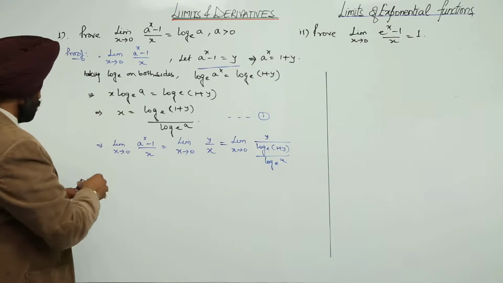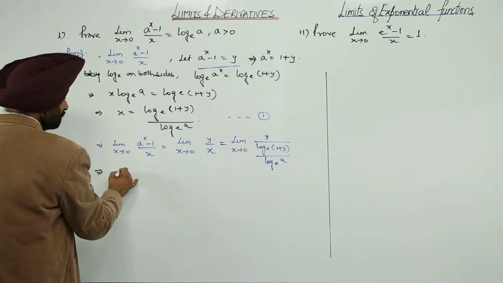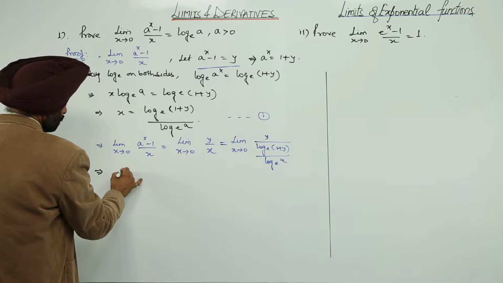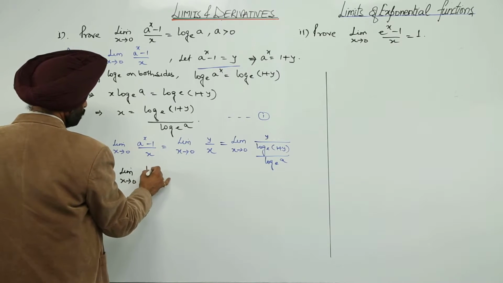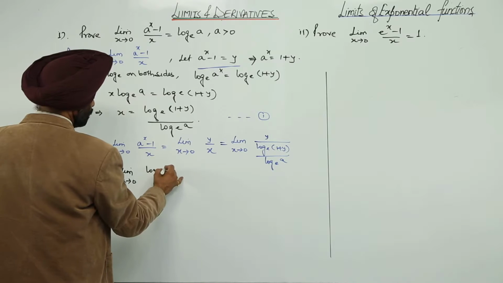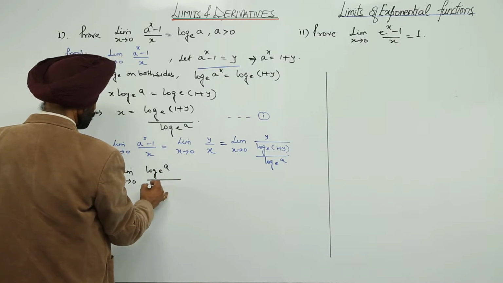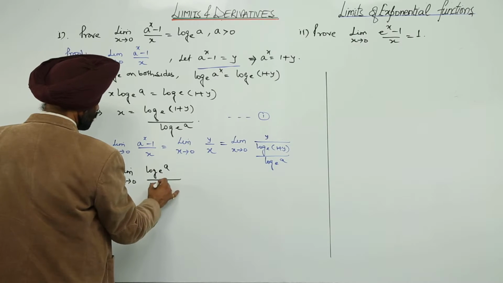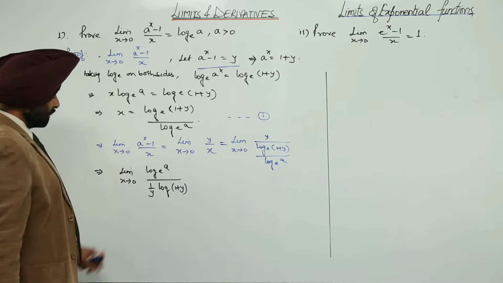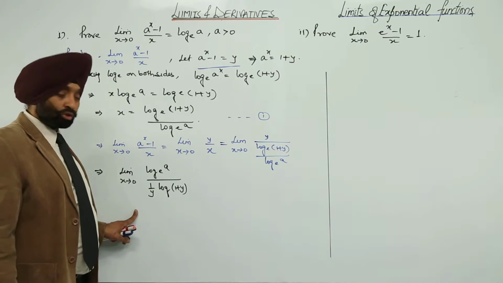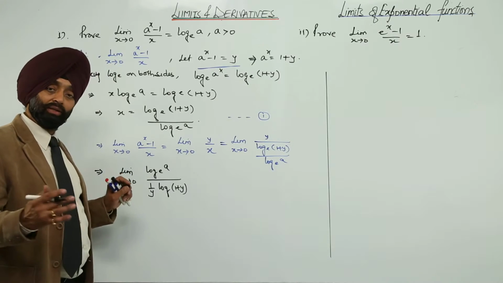Now this becomes limit x approaches 0, log e a upon (1 upon y) log (1 plus y). Now whether y is written here or 1 upon y, that is one and the same thing.